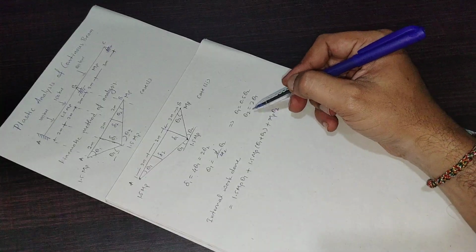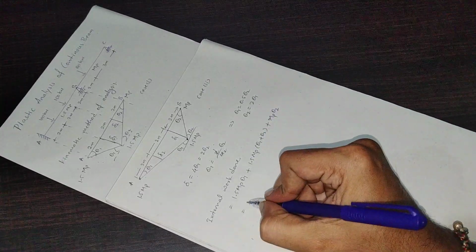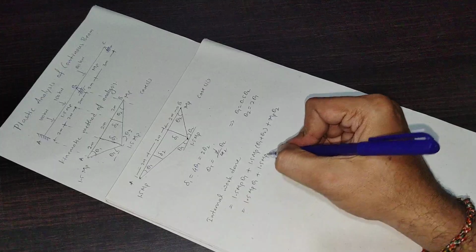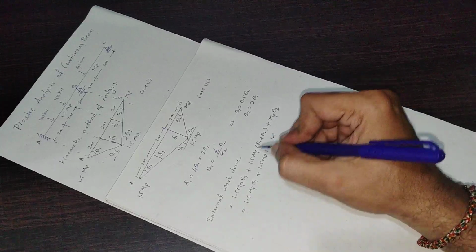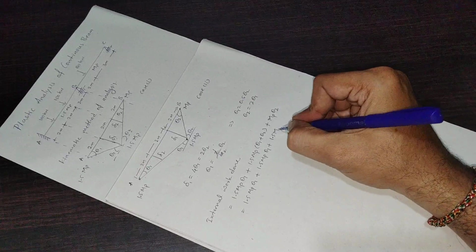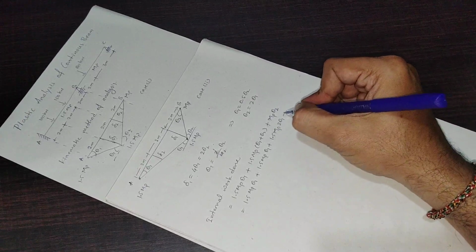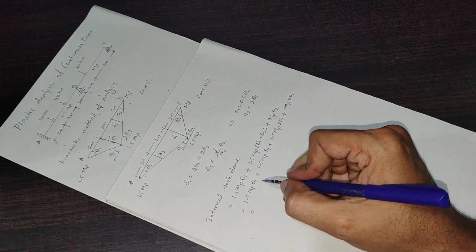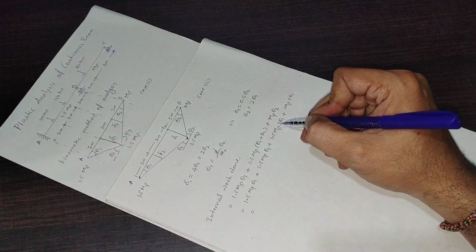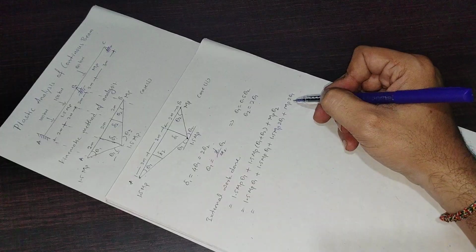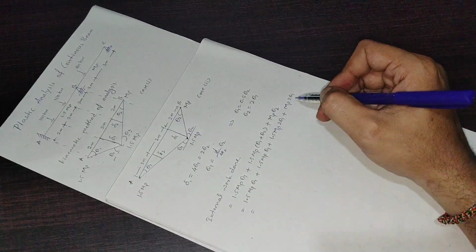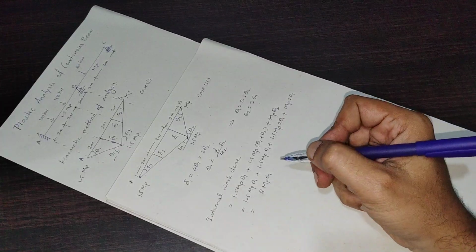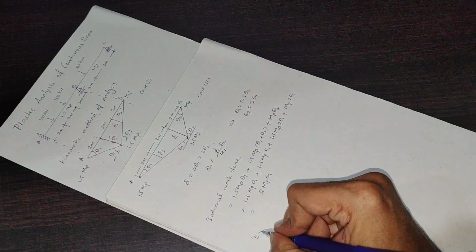Here I will substitute theta 2 as 2 theta 1. So 1.5 Mp theta 1, plus 1.5 Mp into 2 theta 1 plus theta 1, plus Mp into 2 theta 1. So it is 1.5, 1.5, 3, and 1.5 times 2 is 3, and it is 2. So total 3 plus 3, 6, plus 2, 8 Mp theta 1.